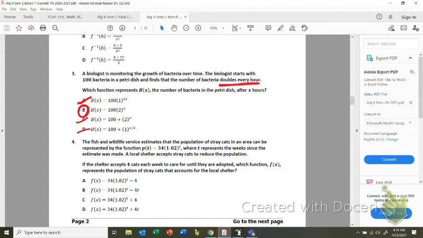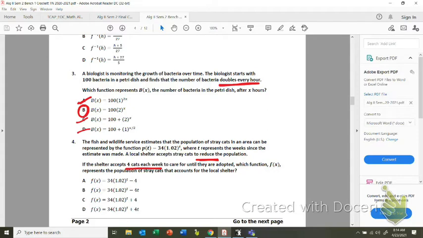A local shelter accepts stray cats to reduce. When we're reducing, what are we doing? We're subtracting, right? All right, then it says, if the shelter accepts 4 cats each week to care for until they are adopted, which function represents the population?